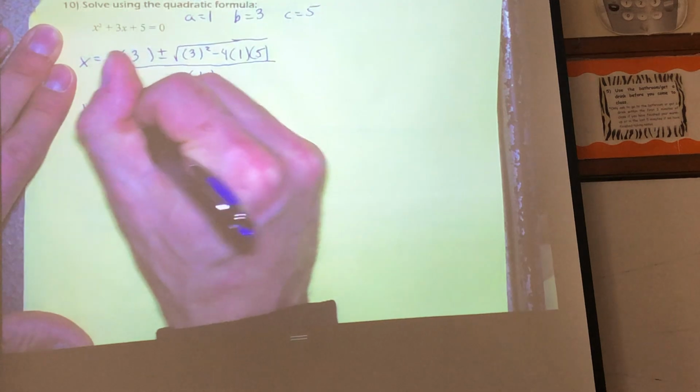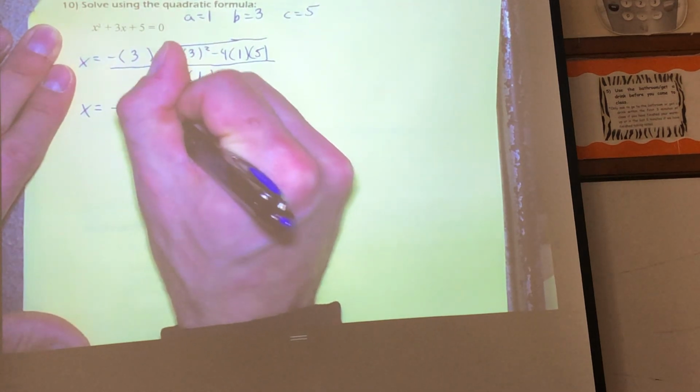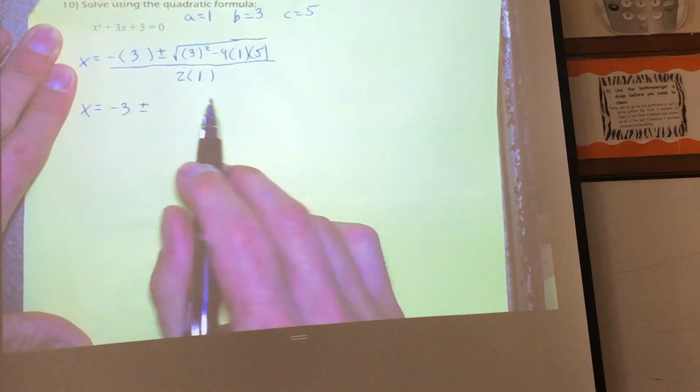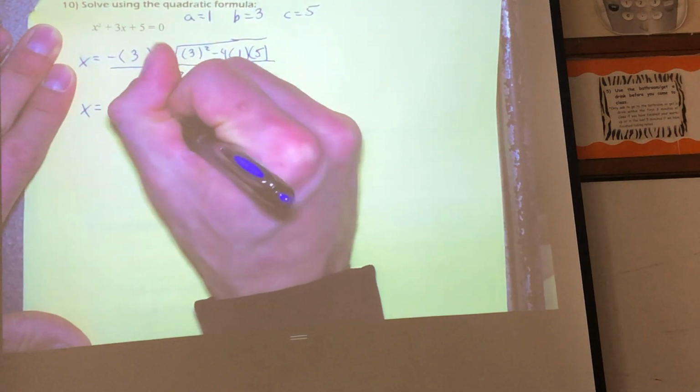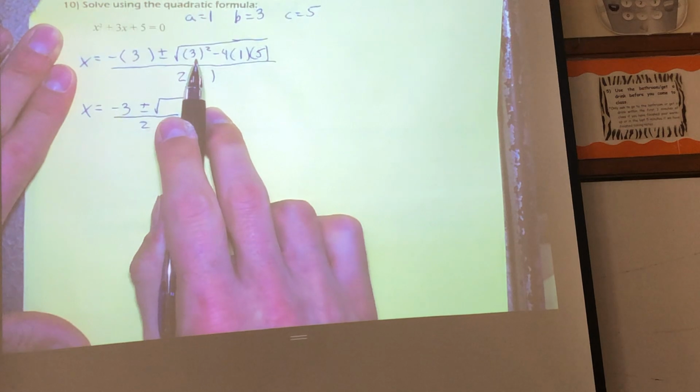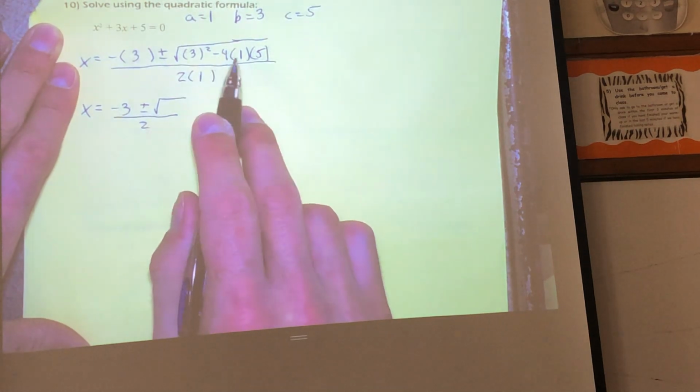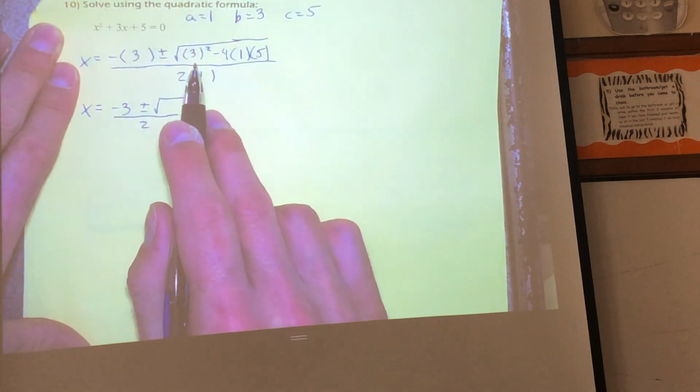I'll get negative 3 plus or minus. I'll simplify this. You can use your calculator, do it by hand. 3 squared is 9. Negative 4 times 1 times 5 is negative 20. 9 minus 20 should give me a negative 11.